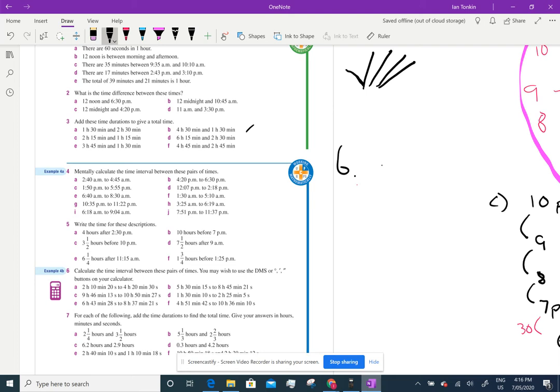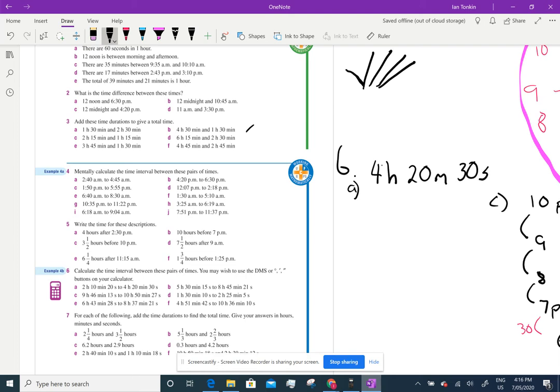So, between 2 hours, 10 minutes and 20 seconds and 4 hours, 20 minutes. So I'll write the bigger number first. So this is 6A, 4 hours, 20 minutes and 30 seconds.